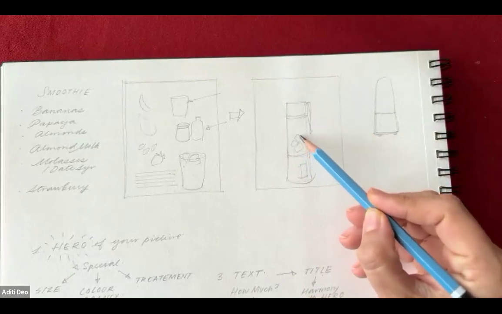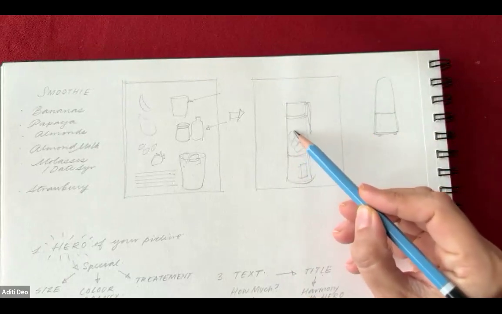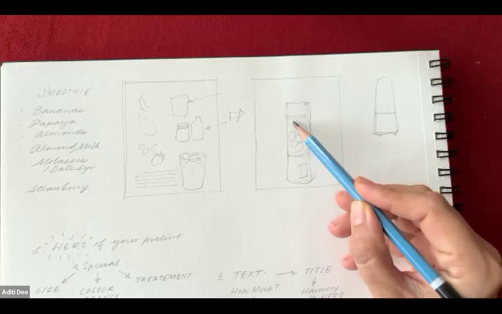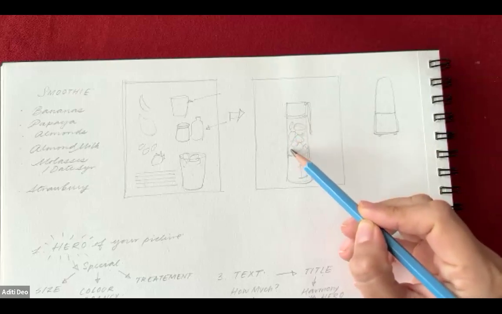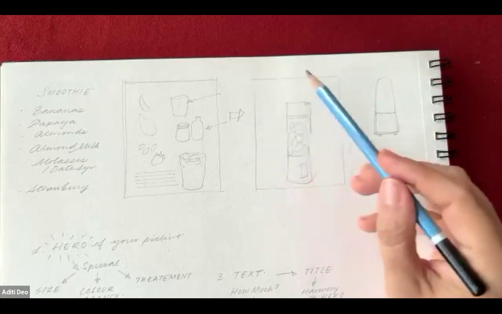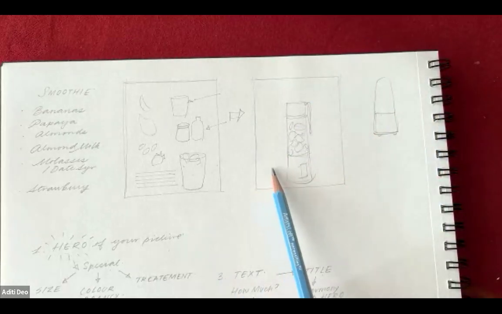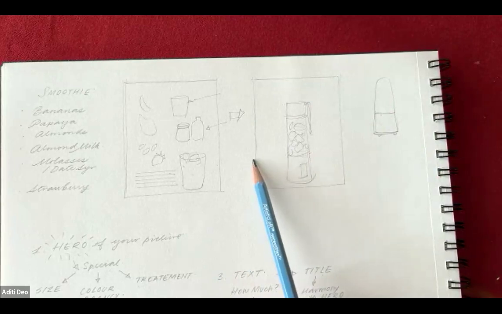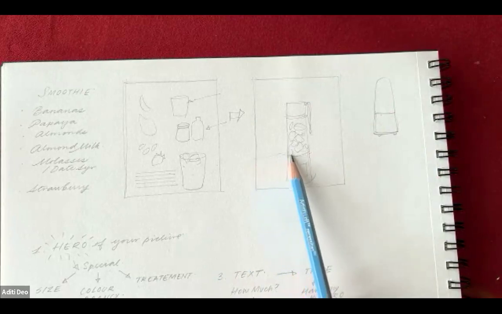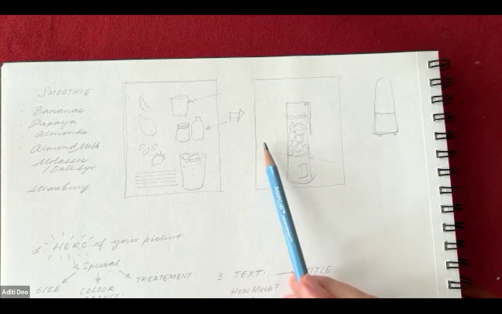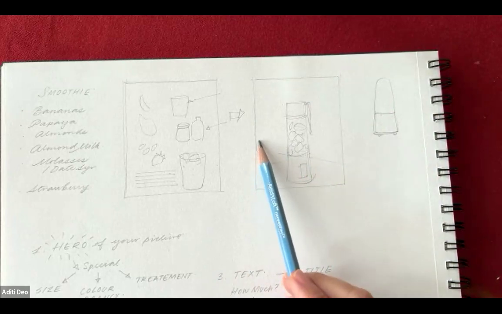So you can put all the chunks inside the smoothie maker, and then on the backdrop you can always show something like a tabletop or a countertop on which you have all these fruit.